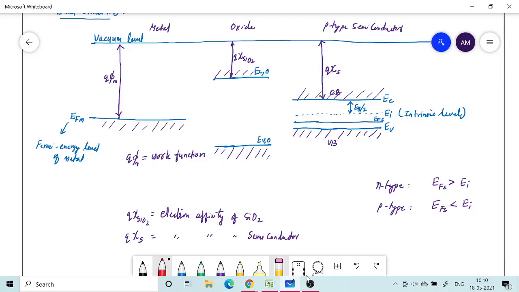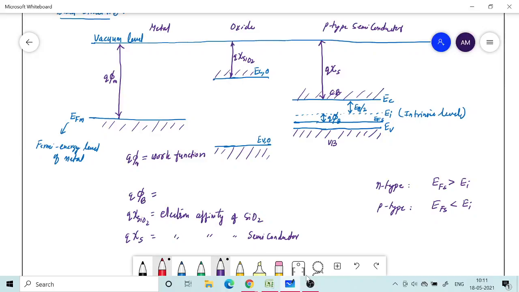Now the difference from here to here, that is from EI to EFS, is denoted by Q phi B. So what is Q phi B?